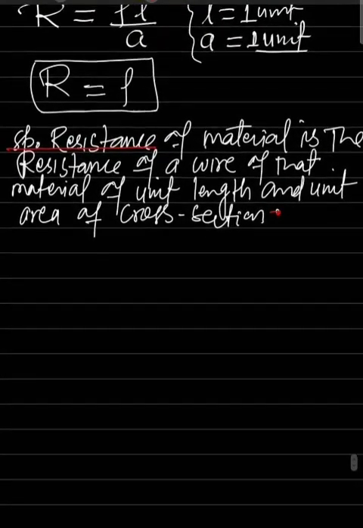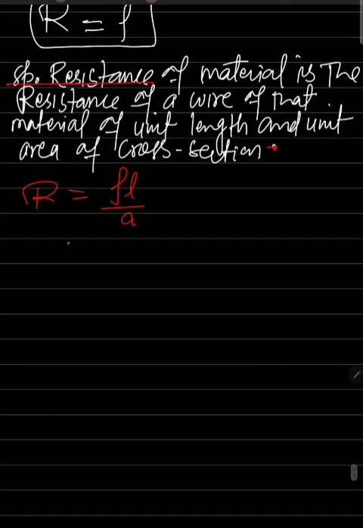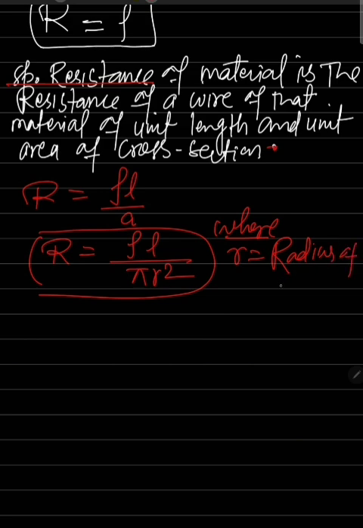Now let's explore this equation more. R is equal to rho L by A, or we can also write R is equal to rho L divided by pi r square, where r is the radius of the wire and L is the length of the wire.